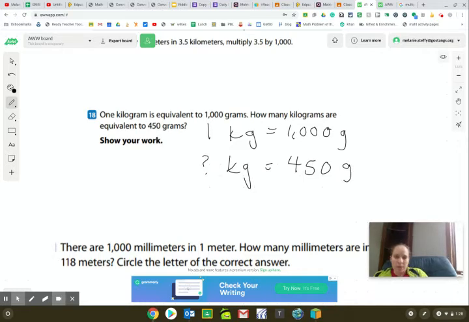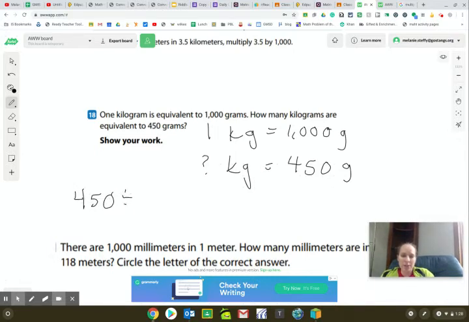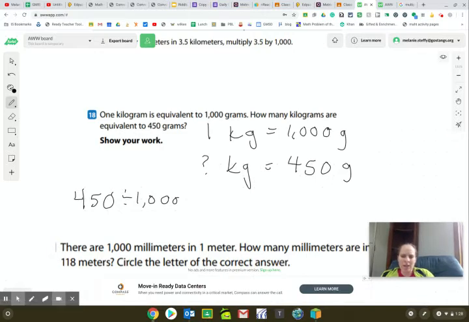Well, since we know 1 kilogram is equal to 1,000 grams, we need to put our 450 grams into a group of 1,000 because that's going to then tell us how many kilograms that is. So when we do that, we're going to have to be dividing because our answer is going to be a smaller number.